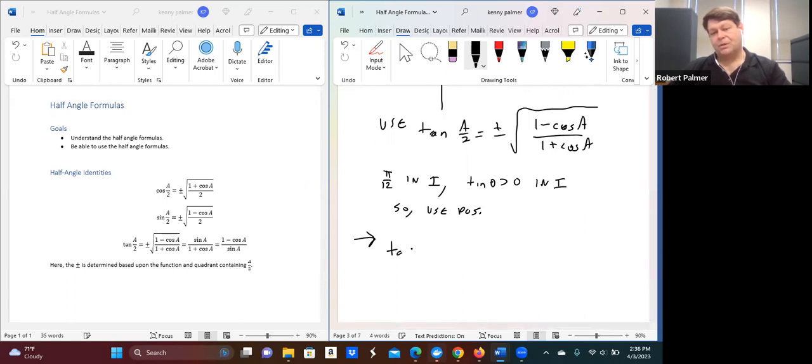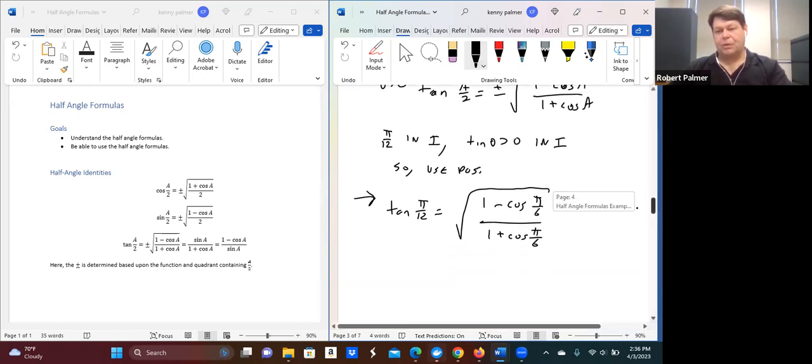And so we have the tangent of pi over 12 is equal to positive, I'll just leave it as no sign, the square root of 1 minus cosine of pi over 6 over 1 plus the cosine of pi over 6.